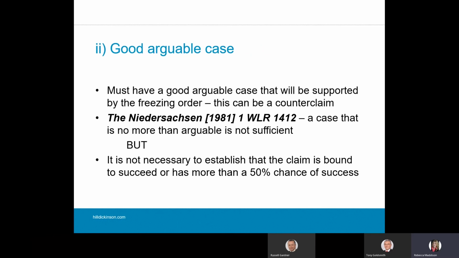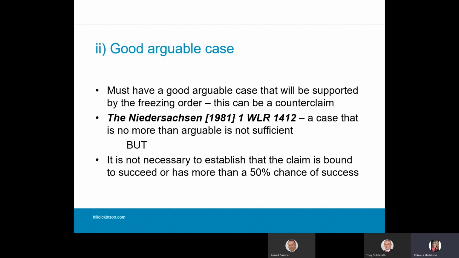So moving on to the second requirement, the applicant must demonstrate that they have a good arguable case, that is, that they have an underlying cause of action. This could be a counterclaim to a claim that the respondent has already brought against the applicant, but it's not always as straightforward to demonstrate as it seems.